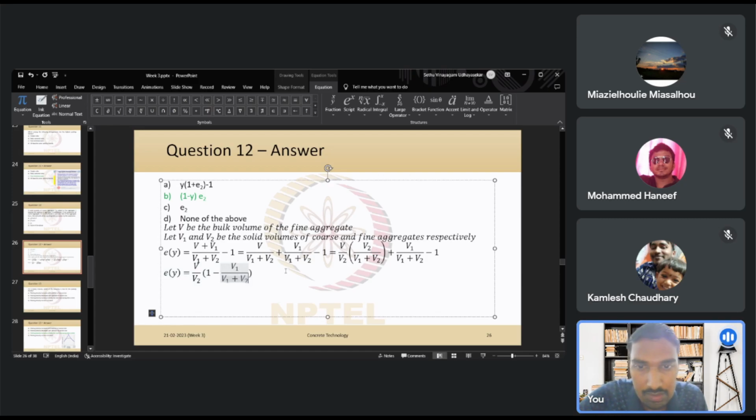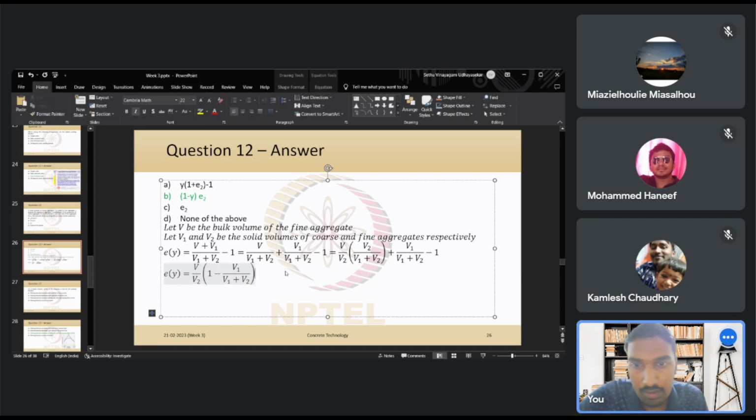This gives us exactly the same thing. If you simplify it, whatever is in the bracket becomes V2 by V1 plus V2, since V1 plus V2 minus V1, over V1 plus V2, is V2 by V1 plus V2. I'm just rewriting that in this form, and the other two terms still remain the same. I'm not changing that.